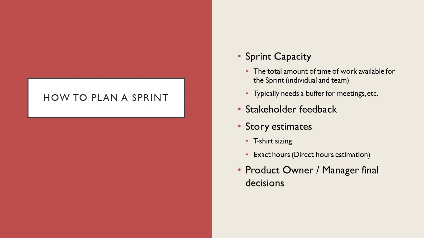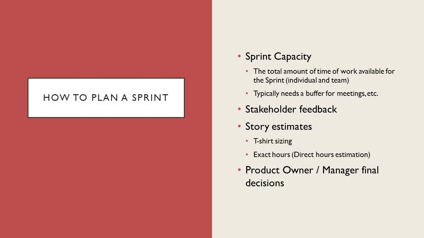Typically, this is a 40-hour work week per developer, and most teams include a 10 to 20% buffer in capacity for the total and for the individual hours. So if we are considering a 40-hour work week, a buffer of 8 hours is common, leaving a realized capacity of 32 hours for the individual in the sprint. Don't forget to factor in time off and holidays, as this would affect the realized capacity.